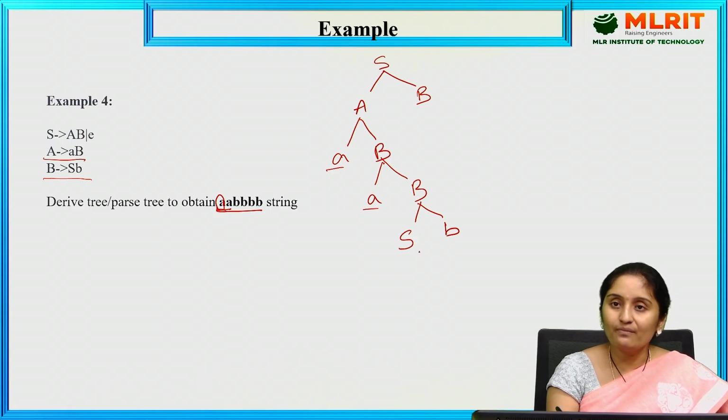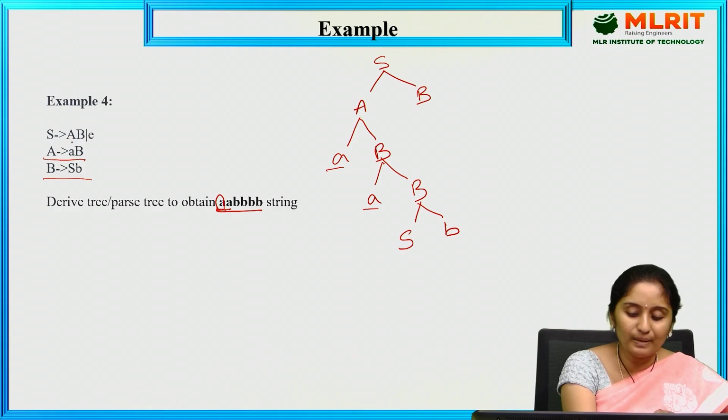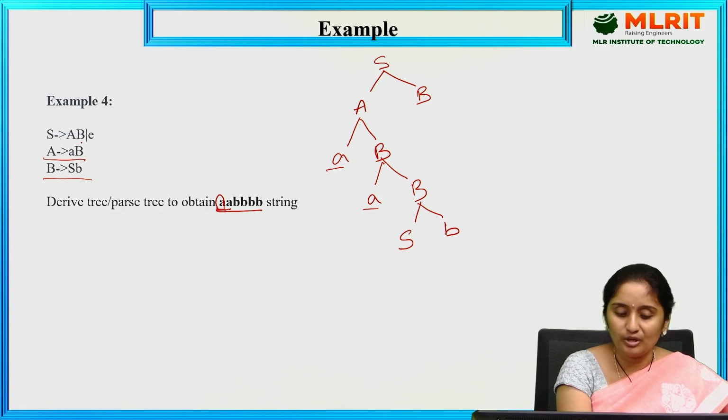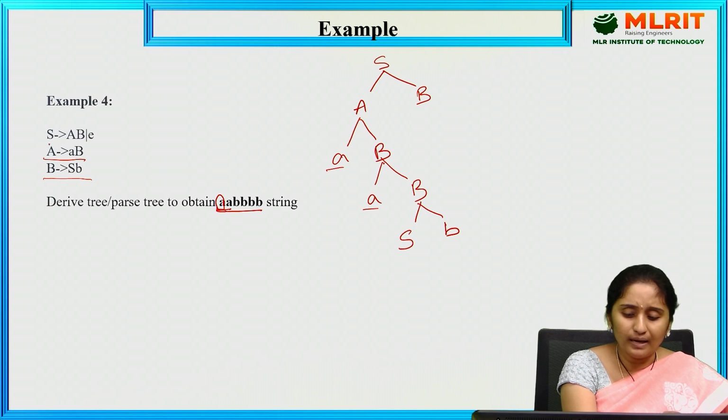In the same way I need to derive this one. S produces AB, and B produces SB. Again this S I can replace with AB or epsilon.